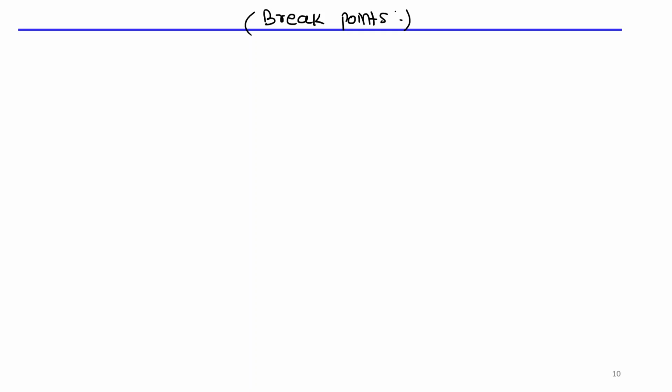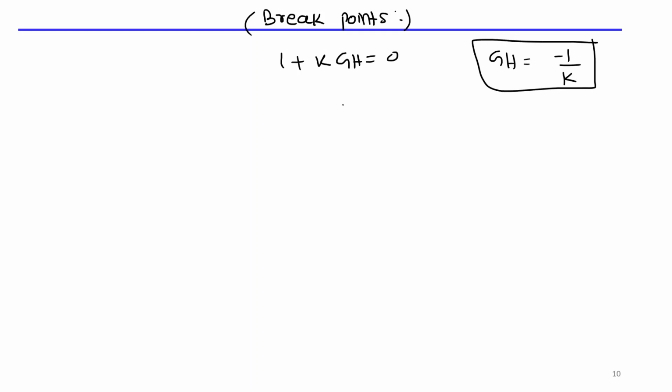First the characteristic equation, sir. Yeah, suppose the characteristic equation is like that. Then represent K in terms of S. Let's say 1 plus K G H equal to 0, then G H equals minus 1 by K. Then what you do is dK by dS equal to 0 and find out the S value.